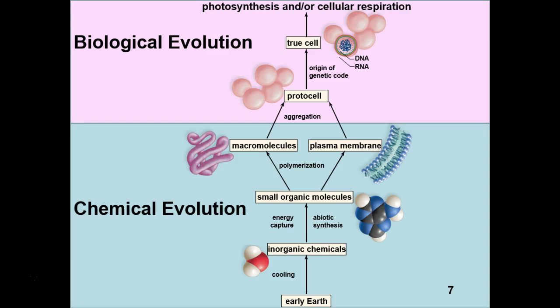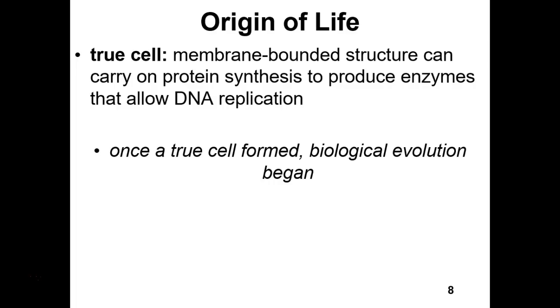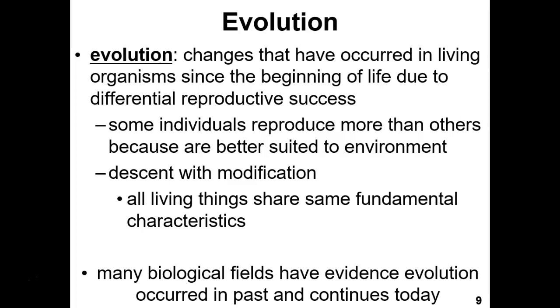As soon as we had the first real cells that were living, then evolution occurs. So a true cell is a membrane-bound structure that can carry out different processes like protein synthesis and DNA replication, and then can produce new cells. So once that first true cell formed, then biological evolution began and we started to see changes.